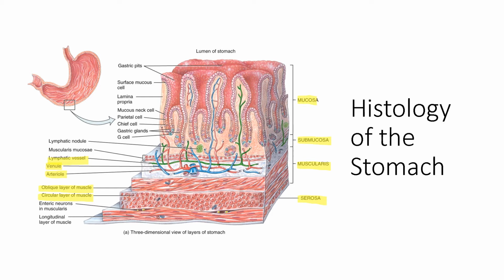Now the mucosa layer is the most modified of all the layers compared to the rest of the gastrointestinal tract. So we see these really long finger-like projections here, but these are all pits. They're circular, and they make these long divots that are pits.